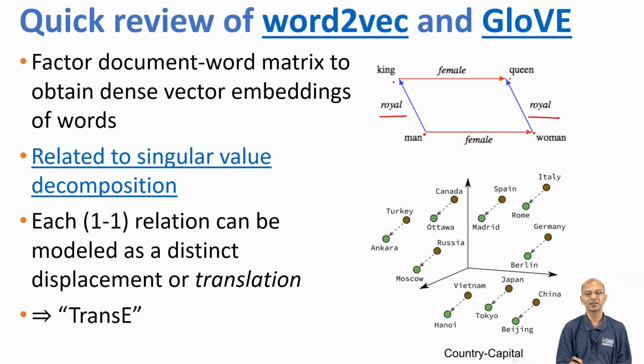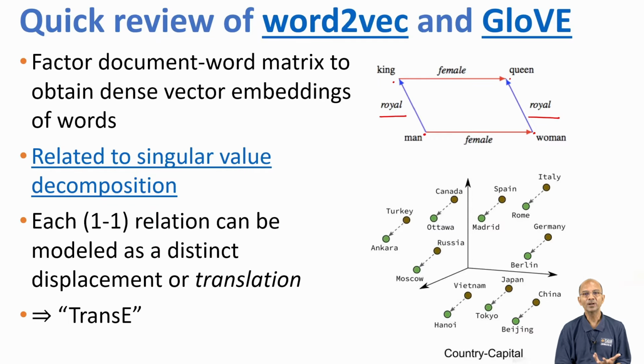And that same royalty transition takes a woman point to the queen point. Similarly, translating from a man to a woman involves a transformation which adds femaleness. That same approximate translation takes the point king to the point queen in the embedding space.